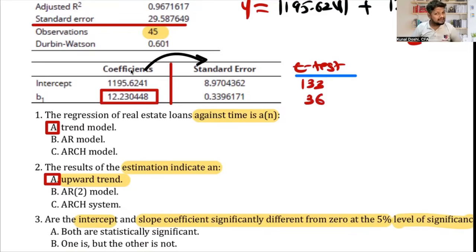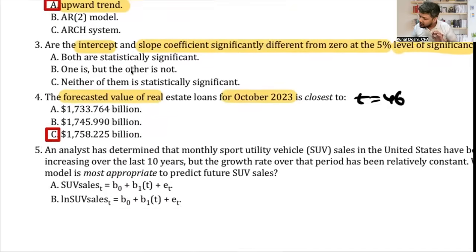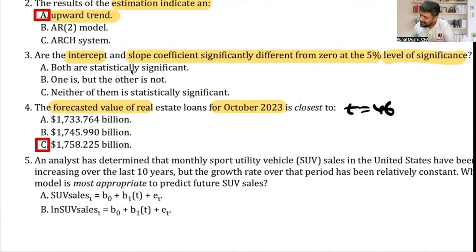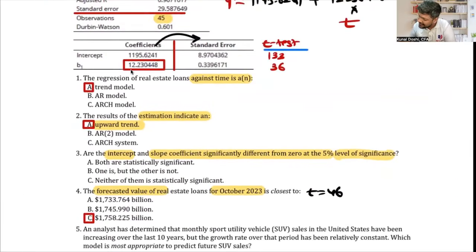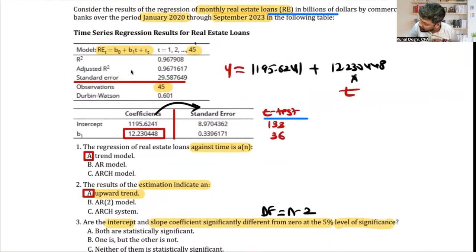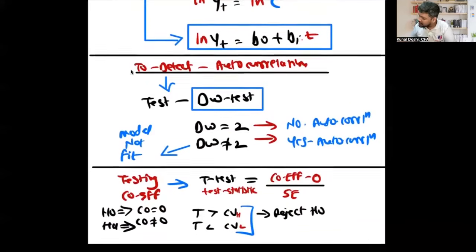Now, they have not given us the value. Mostly you will get these values from the distribution table that they will provide you. But just for your reference, here, my degree of freedom for a t-test is going to be n minus 2. Remember here your n is 45. So my degree of freedom will be 45 minus 2. That is 43. Yes, I will write down here.